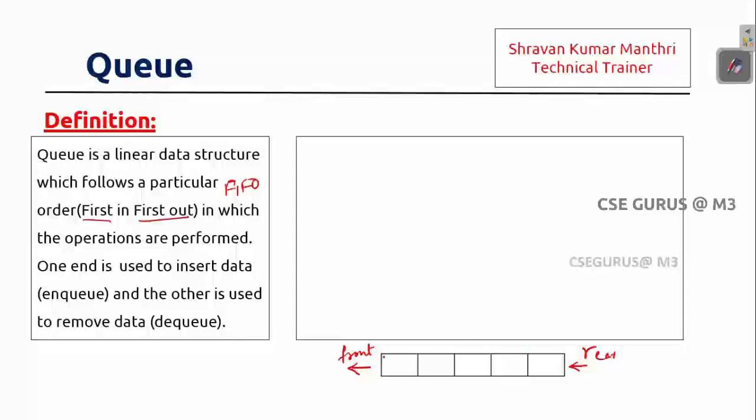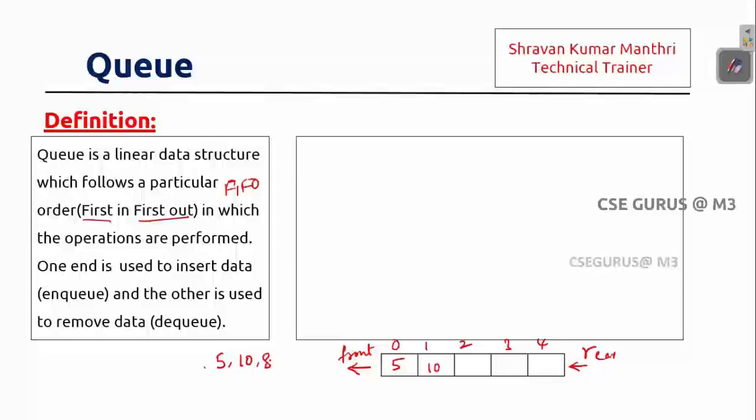For example, if this is a queue structure and I want to insert 5, let us suppose these are the index positions. First I insert from rear, you go like this until you find an empty place. Where is empty? The first one, so 5 will be inserted here. Let us suppose I want to insert 10, from rear it will go like this, this is empty, yes.